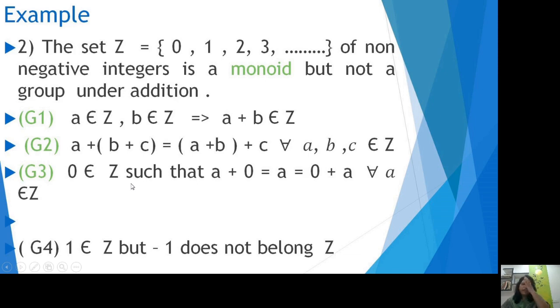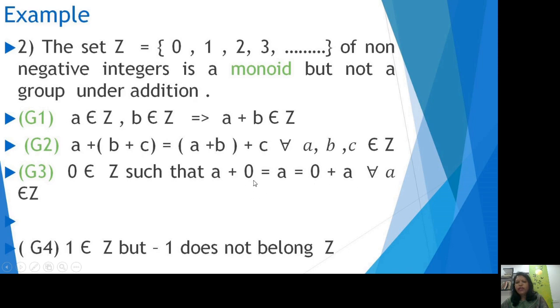So, is there any element which, when we add it with every element, gives the original element? That element is nothing but this 0, because a plus 0 is equal to a is equal to 0 plus a.